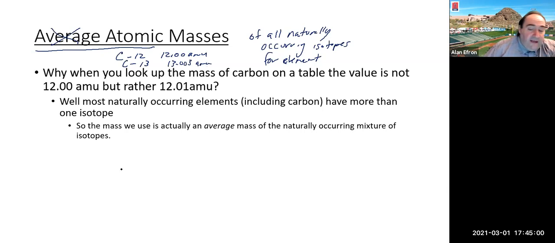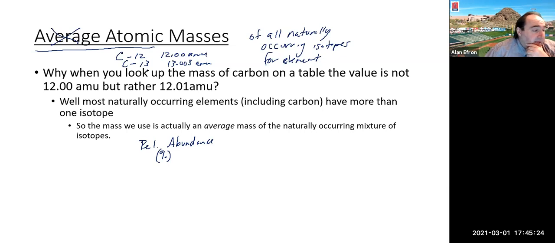Now, when we have naturally occurring isotopes, they sometimes appear in different percentages. What I mean by that is what's sometimes referred to as relative abundance or percent abundance. And that's basically the percentage at which we find these isotopes naturally occurring.